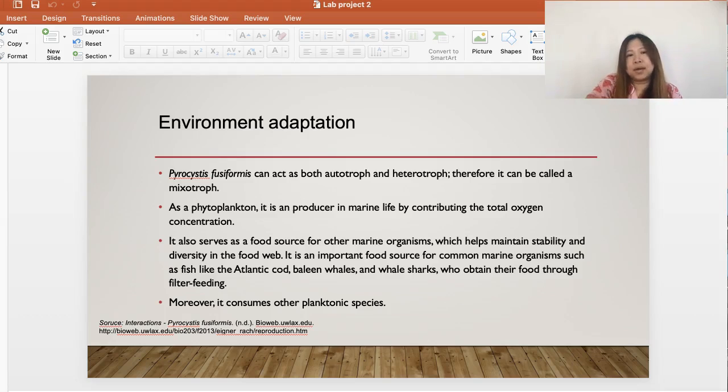It also serves as a food source for other marine organisms, which helps maintain stability and diversity in the food web. It is also an important food source for common marine organisms such as fish like the Atlantic menhaden, and the whale shark, which obtain their food through filter feeding. Moreover, it consumes other planktonic species.